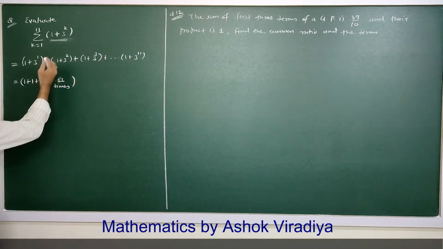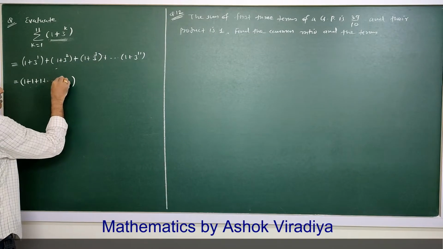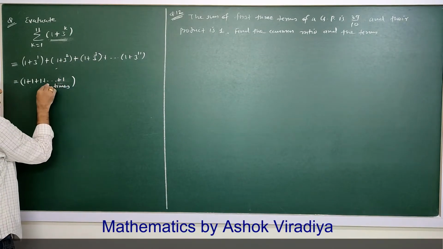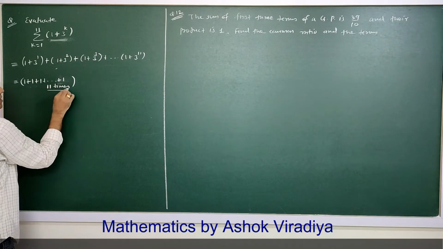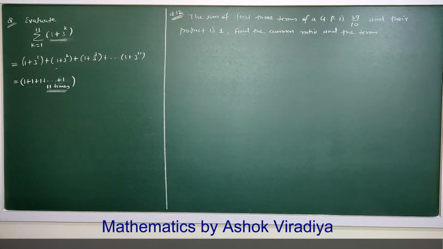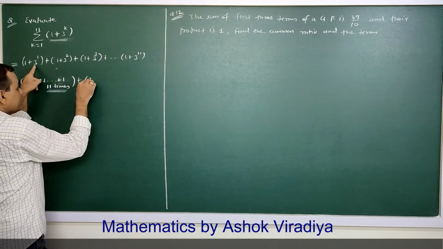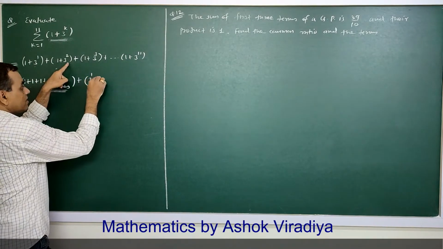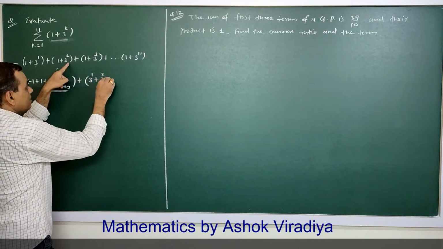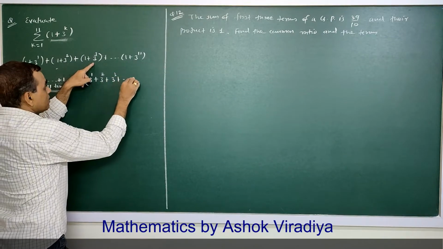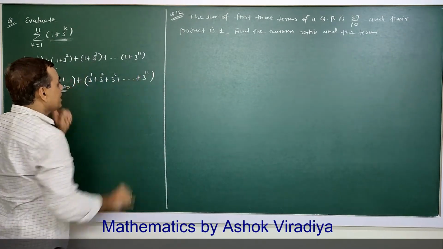One plus 1 plus 1 plus 1 till plus 1, how many times? 11 times. The bracket contains a total of 11 times 1 plus 1 plus 1. Then in the second bracket we are collecting these numbers: 3 raised to 1 plus 3 square plus 3 cube plus up to 3 raised to 11.